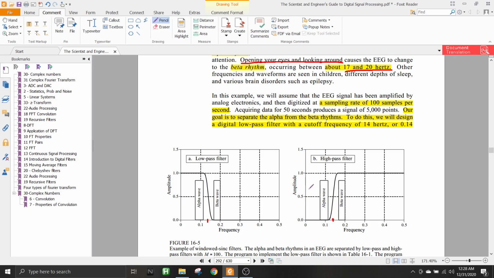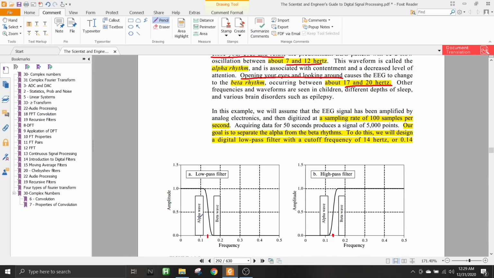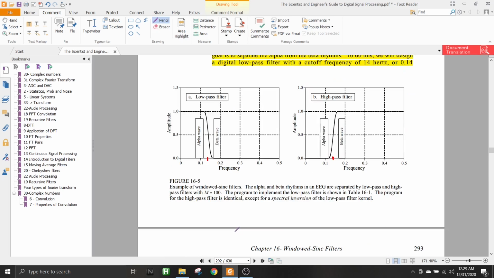So this is how we can get two different filters to give us two different waves, because we know that the alpha wave will be somewhere around here, and the beta wave somewhere around here in our frequency domain plot. If you want to separate them out, we'll need two different filters for getting these two different waves. The low pass filter should be tuned so that the cutoff frequency is around here.